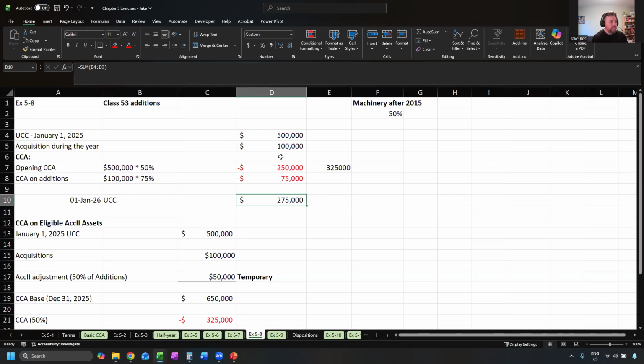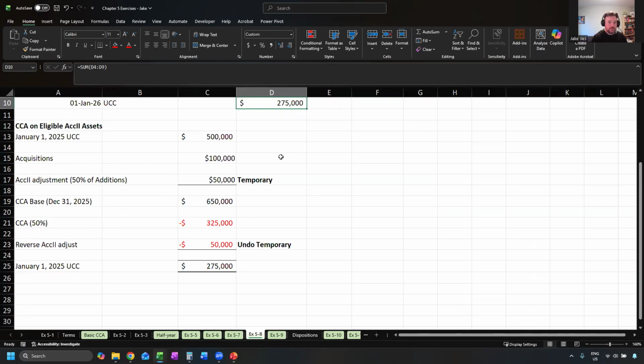To do this same calculation in the usual format, 500,000 plus $100,000 makes 600,000. And the ACCI adjustment will add 50% of additions. That makes our CCA base $650,000. At 50%, our CCA will be the combined 325, which we have up here.